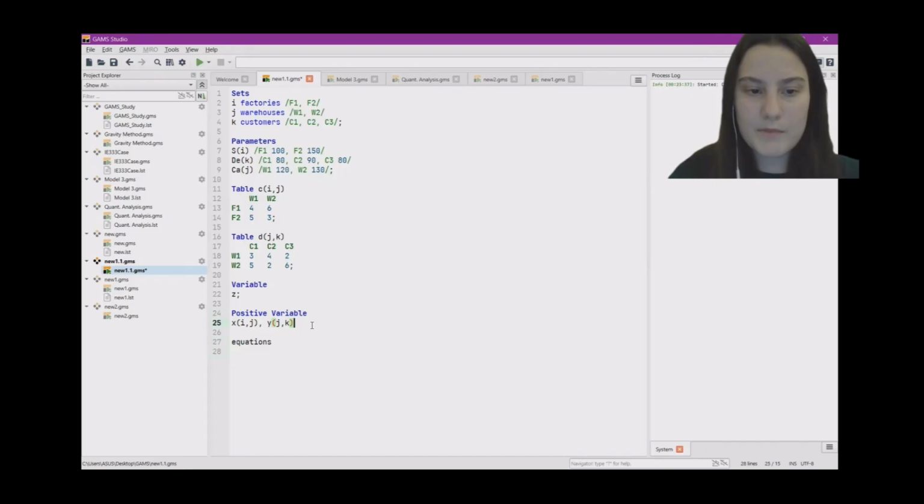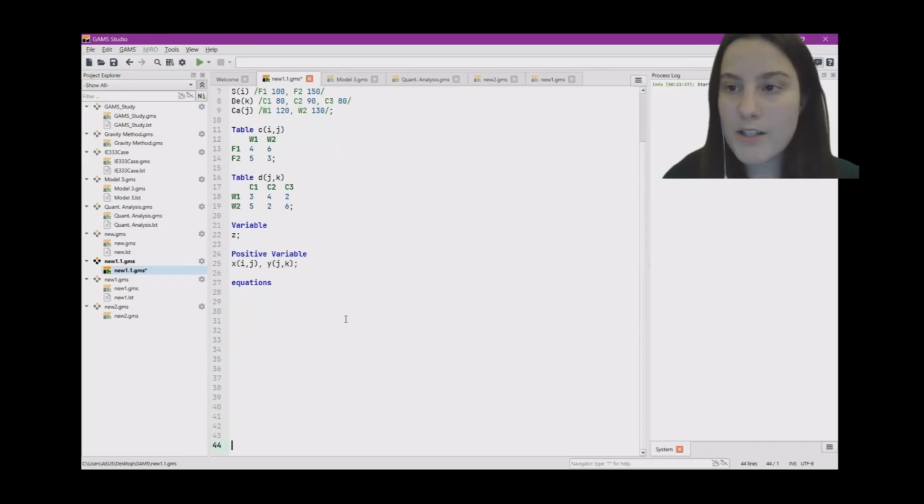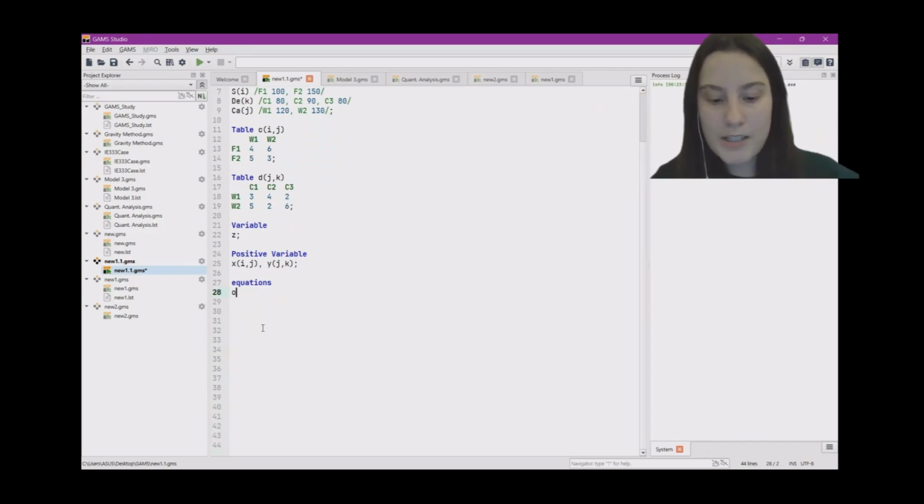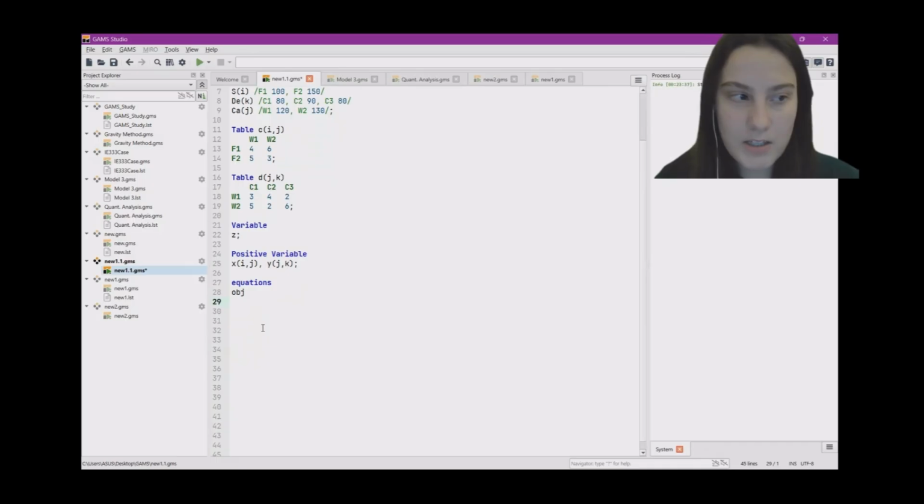So I forgot this one. We had normally 5 equations, but there's no non-negative equation now, so we have 4 left plus the objective function. So first objective function, then we got our supply constraint, the flow balance constraint, demand constraint, and facility capacity constraints.